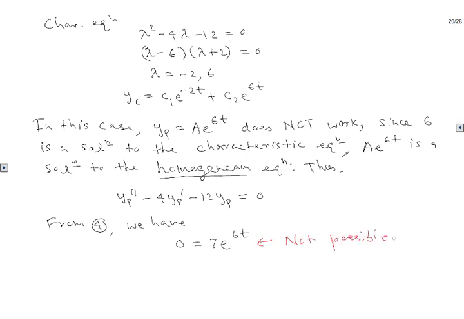If you try to assume that ae^6t is the particular solution, once you plug it in there, it's a solution of the homogeneous equation, so the left hand side is automatically 0. On the other side you have something non-zero. That means this is never going to happen, so you cannot assume a solution of that form.